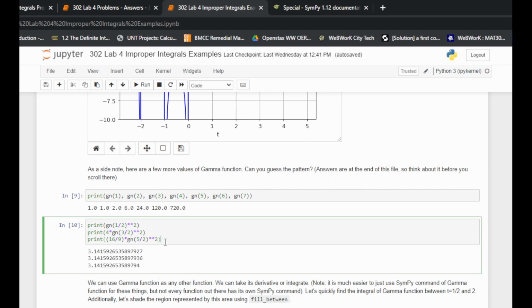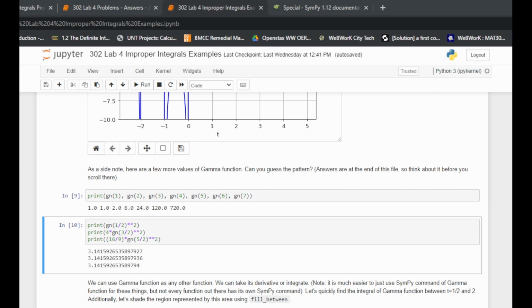So what should be my next command here that gives me pi as well? So try to think about it, and if you're ready, you can scroll down to the end of this file or scroll to the end of this video to see the answer.